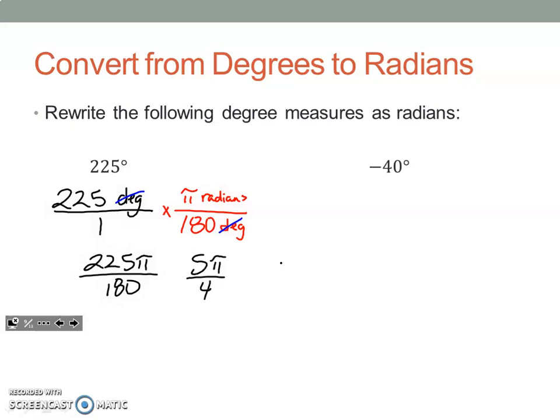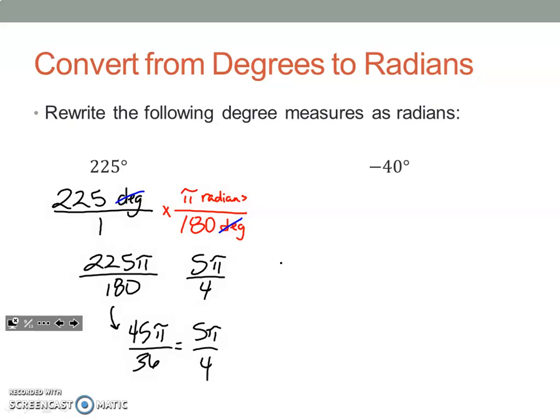I could have broken it down by 5 like I was doing, so 225 divided by 5 would have given me 45. So this is me breaking it down by 5. It would have given me 45 pi over 180 divided by 5, which would have given me 36. So 45 pi over 36. Those are both divisible by 9. 45 divided by 9 gives me 5, and 36 divided by 9 gives me 4.